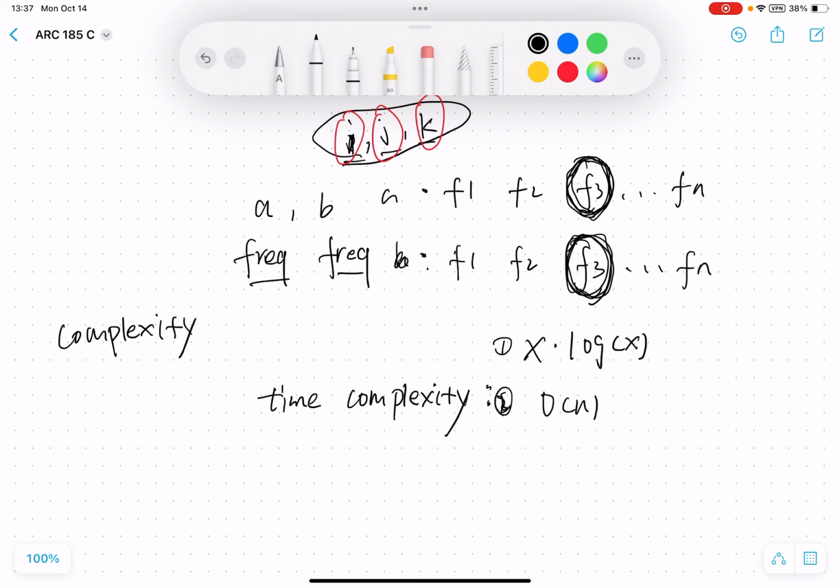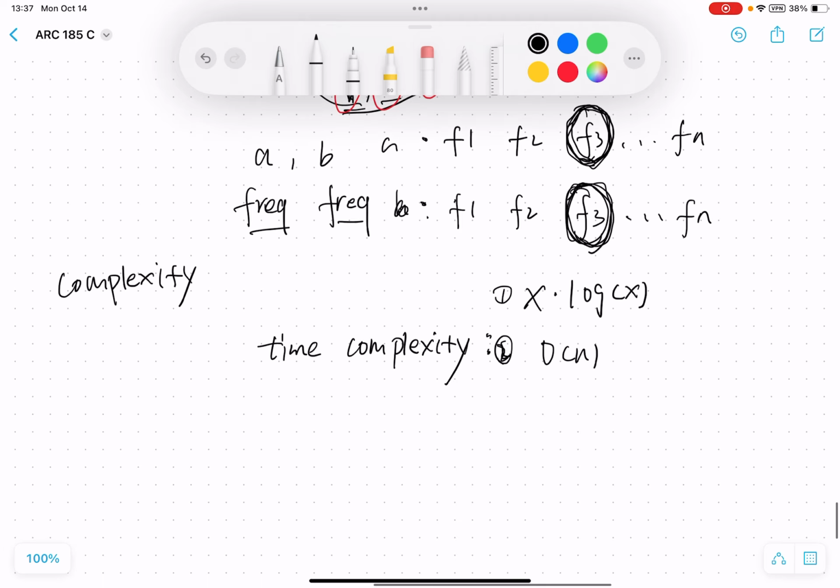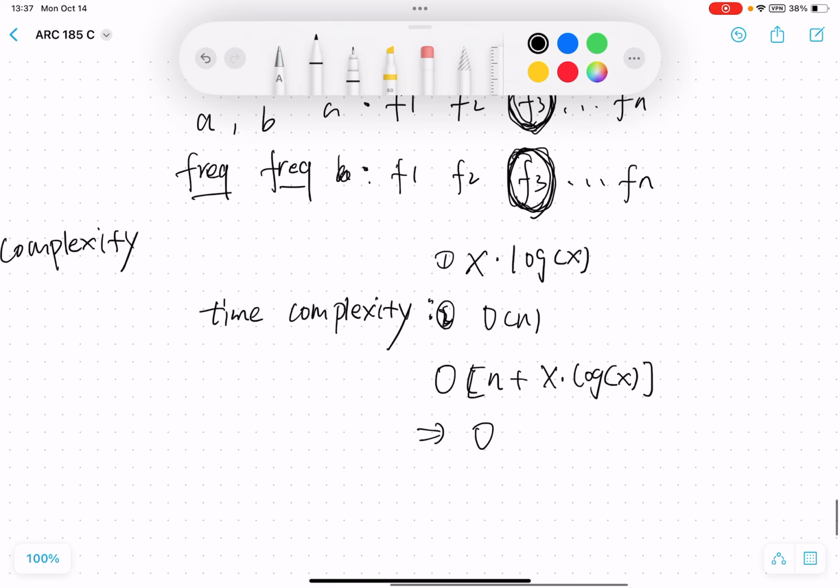So the total time complexity is O(n plus x log x). We can also write it as O(max(n, x) log x).